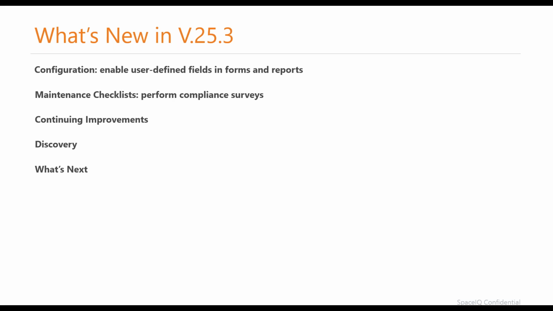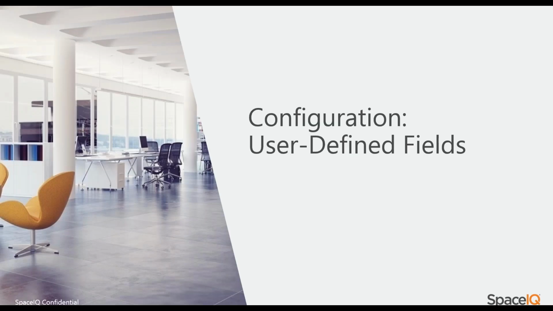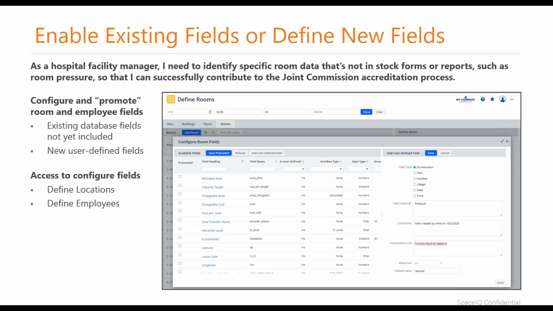Then we'll talk about what our engineers have been doing in discovery for the future, and related to the future, what we're thinking about for what's next in the coming year. So we get started with user-defined fields, which I label under configuration, really trying to make Archibus out of the box more configurable for you, and that's one of the themes that we'll continue to pull on in the coming year.